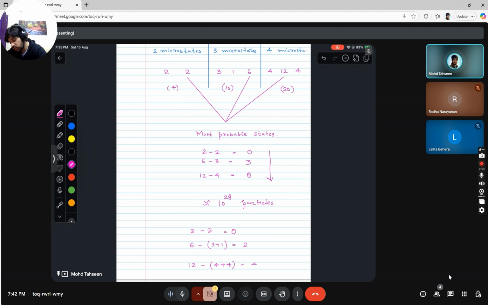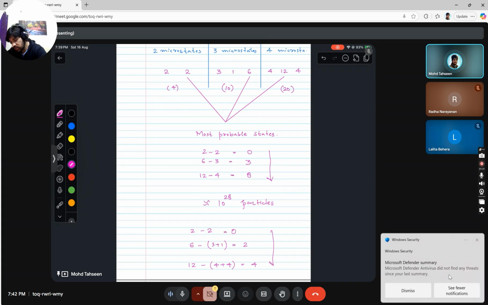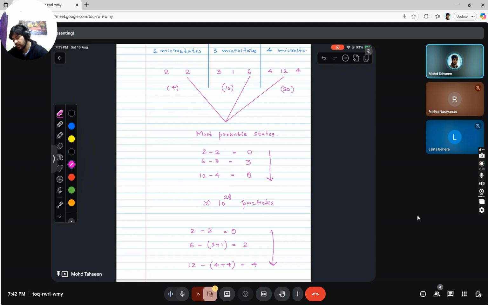This is 4, right? So we see that even this trend is increasing, right? So as our system goes to this many particles, these numbers become huge, right? So the most probable state becomes the most dominant state of the system, right?